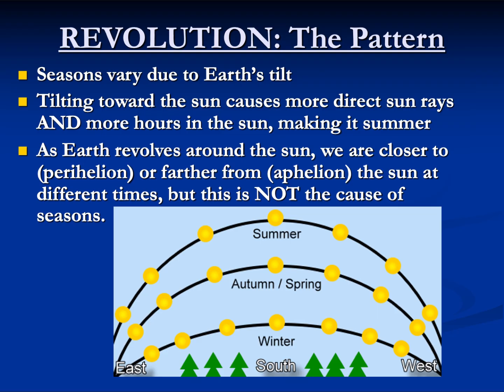Earth's tilt causes the seasons due to two factors: the number of hours the sun is up and the directness of the rays hitting Earth. Since Earth's orbit is not perfectly circular, sometimes we're a bit closer to the sun at perihelion, and sometimes we're a bit farther away at aphelion.